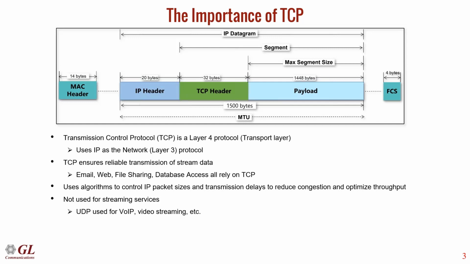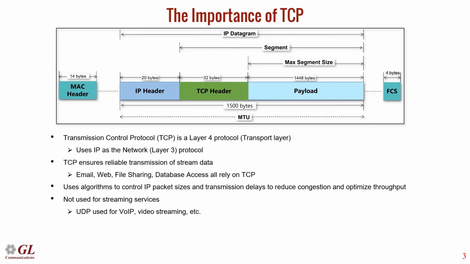So whether you're transmitting files or whatever it may be, email, web traffic, watching a pre-recorded video, a remote desktop connection, SSH, all sorts of different applications all rely on TCP for reliable data transfer.